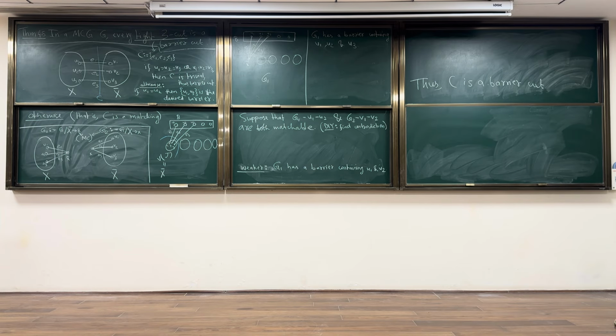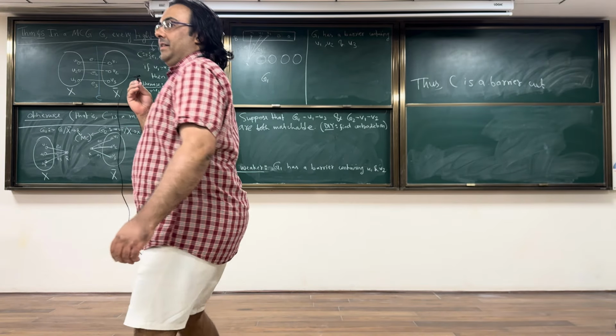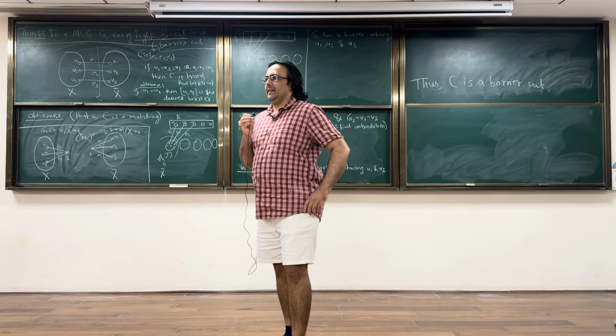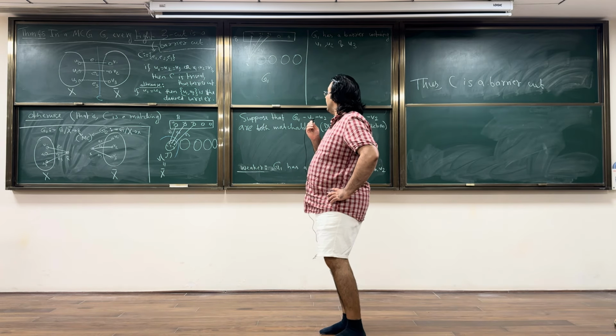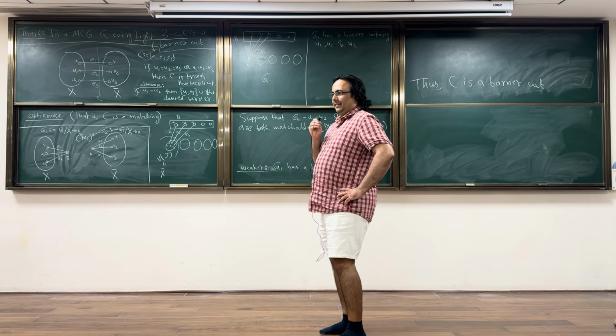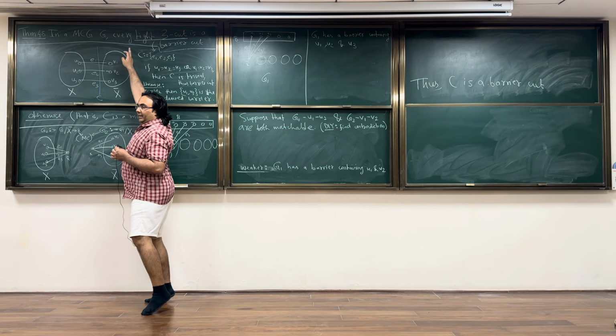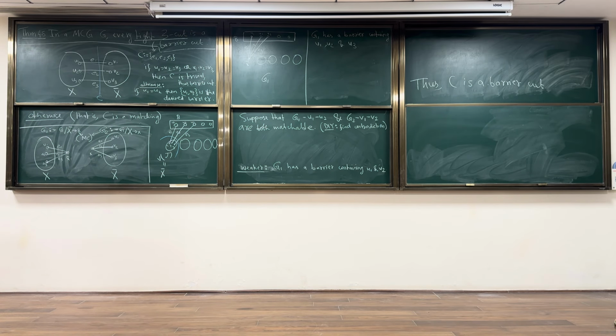Anybody else? You should get a contradiction to some assumption. Tight. Okay, fine, that is a hint. You should get a contradiction to the tightness of the cut. If you already got it, great. Let's wait for the others to get it.